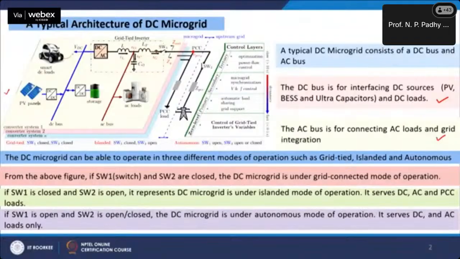The tertiary level control layer consists of optimization algorithms to optimize the power flow, stability, and the DC microgrid cost and its operation. Till now, we have seen the operating modes of the DC microgrids. Now, we will try to explore the critical features of the DC microgrids.